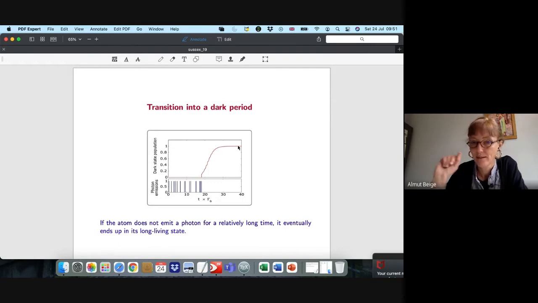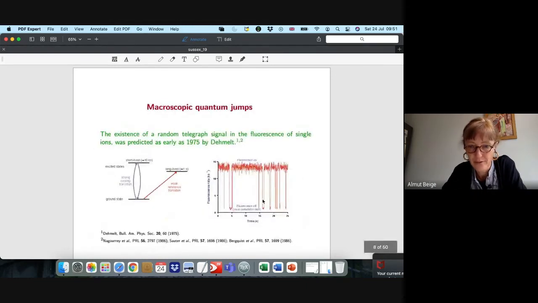But while it is in this state that it cannot emit, there's always a small probability that it returns to the ground state and generates photons again, and eventually that will lead to a transition. But what we have is that these light and dark periods that are shown here are completely random, and they are also very, very long.